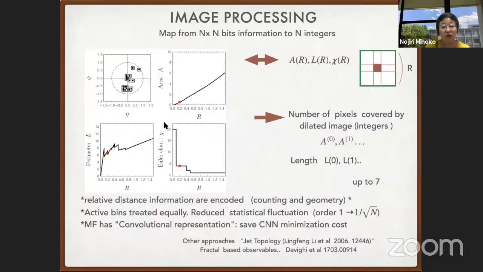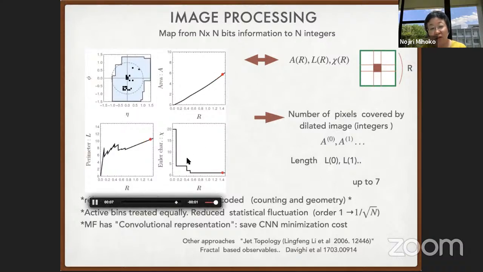So when we have a jet, the area, length, and Euler characteristic of the jet image with varying radius, I can discretize this information into some digitalized numbers, and we can create the network using this information.